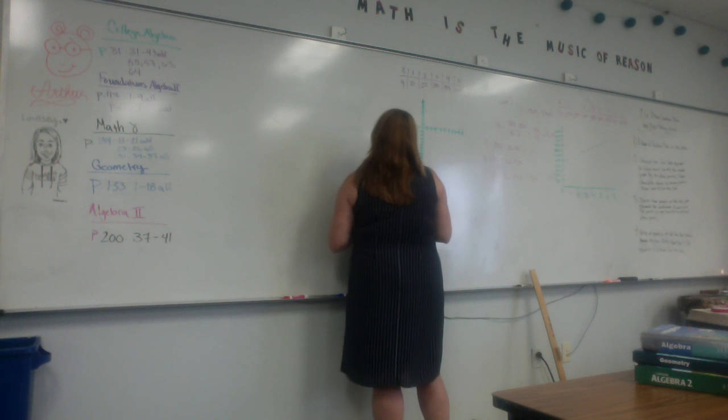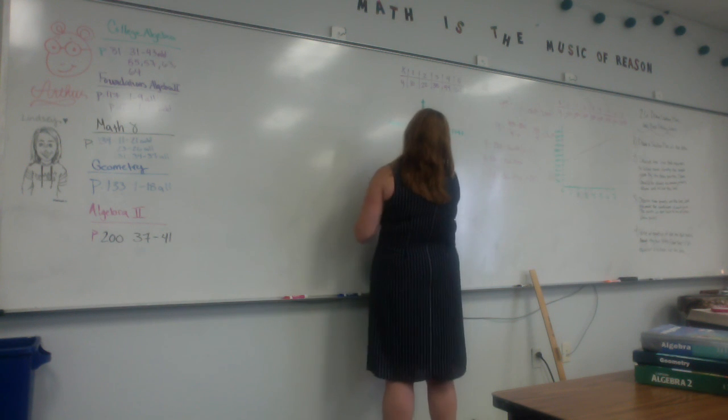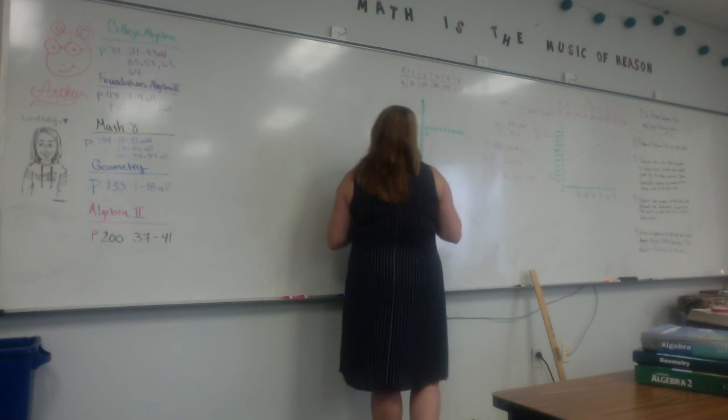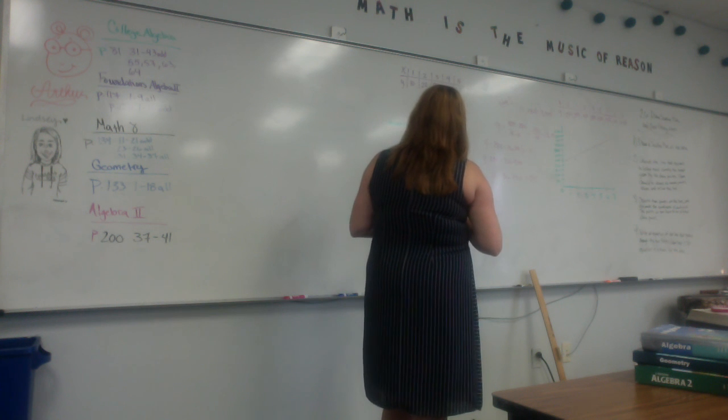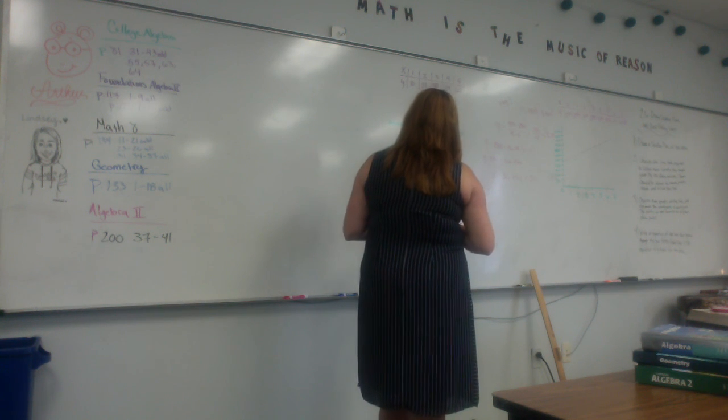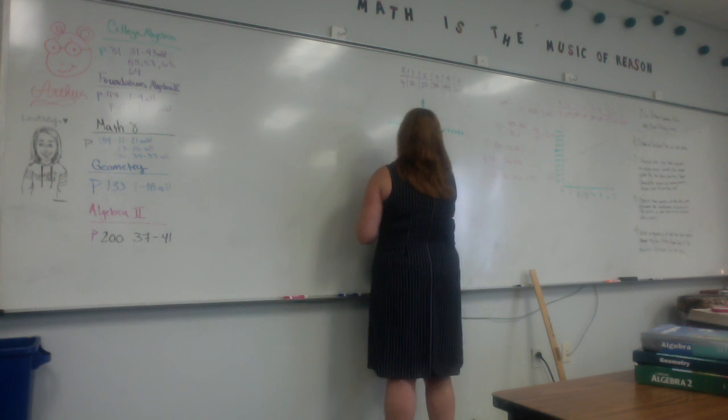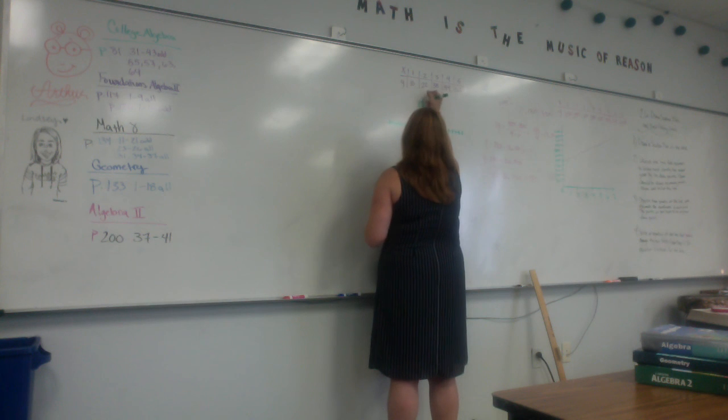I want to count by different numbers, don't I? Here I'm going to count by ones. Up I'm going to count by 5s. 10, 15, 20, 25, 30, 40, 45, 50, 55, 60, 65.